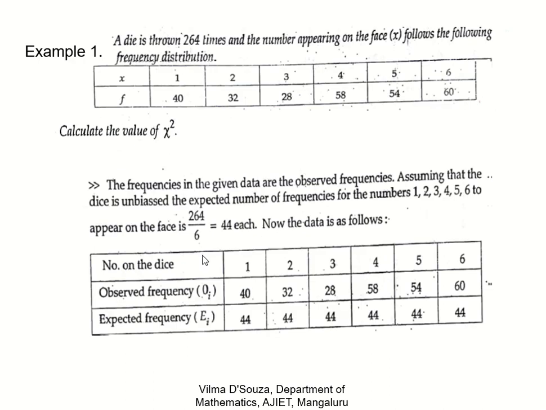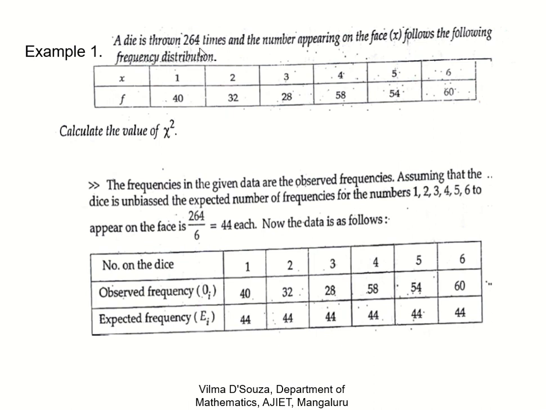I'll explain this with an example. A die is thrown 264 times and the number appearing on the face follows the following frequency distribution. You are throwing a die 264 times.